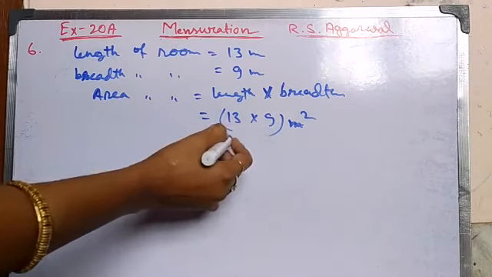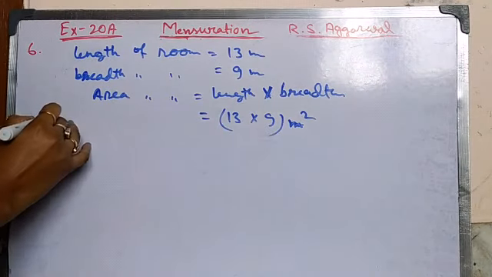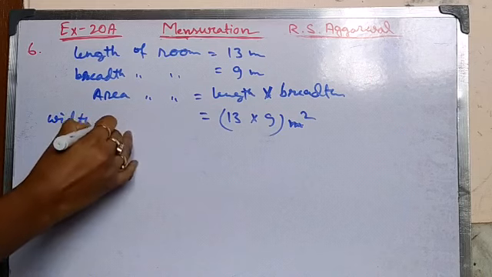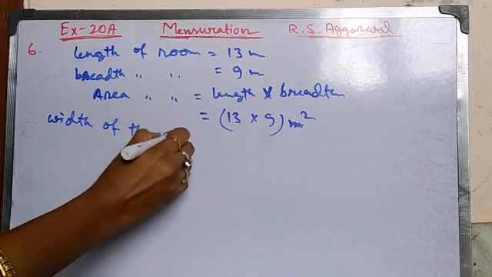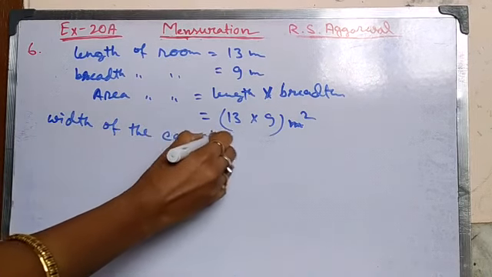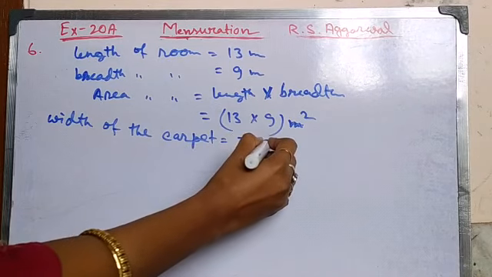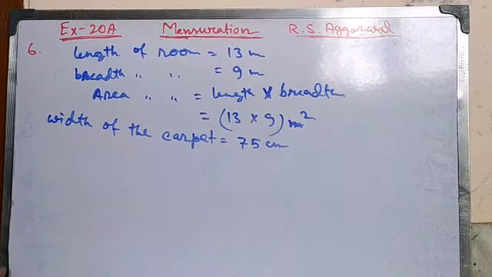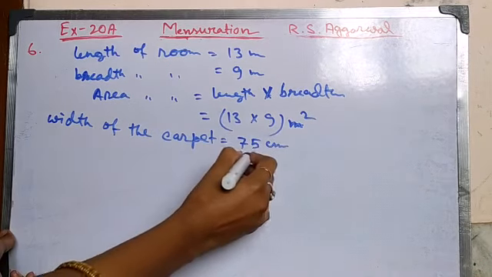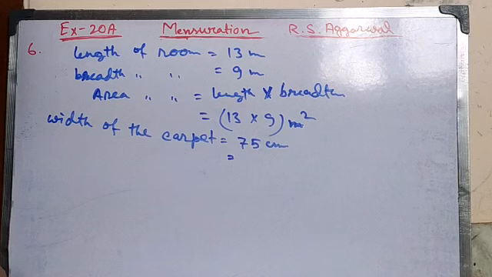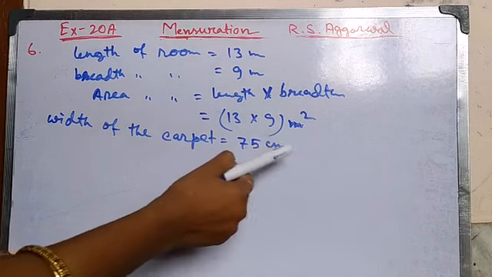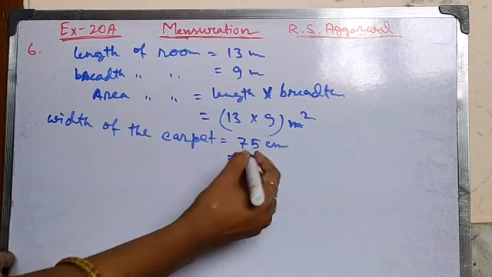I am not multiplying it here. Width of the carpet equals 75 centimeter. And it is converted into meter because here the cost is given per meter. That means the rate is rupees 105 per meter. That's why I convert this width into meter.